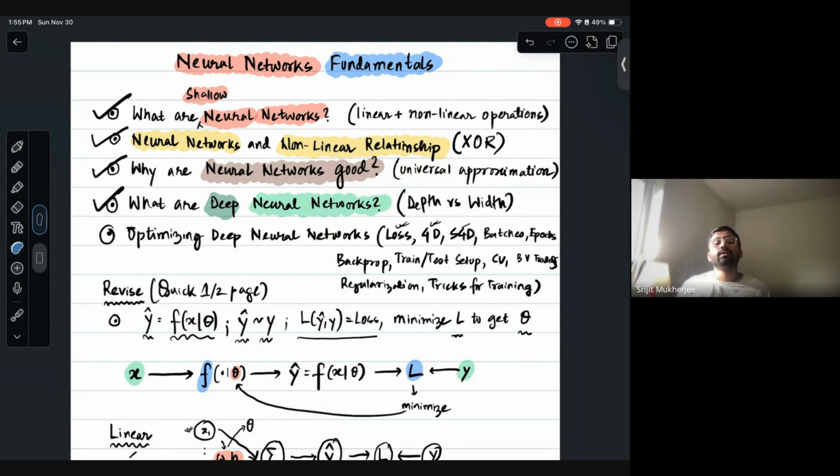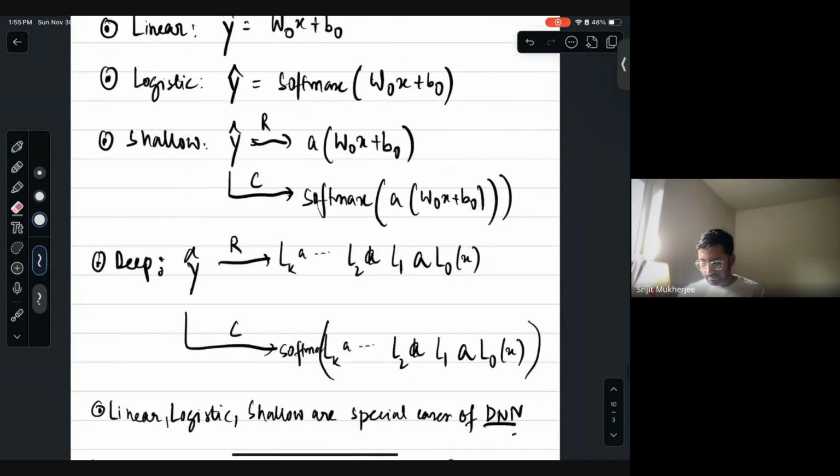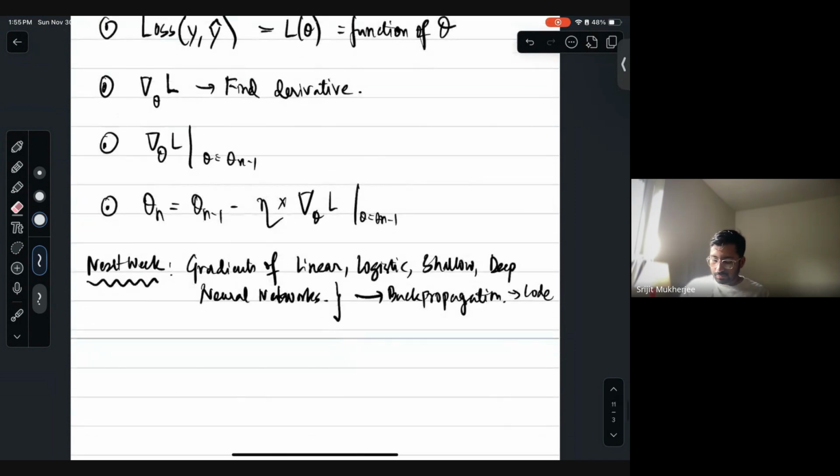So that week will be optimization of deep neural networks, with PyTorch, and next week will be everything with NumPy. So it will be optimizing with NumPy.